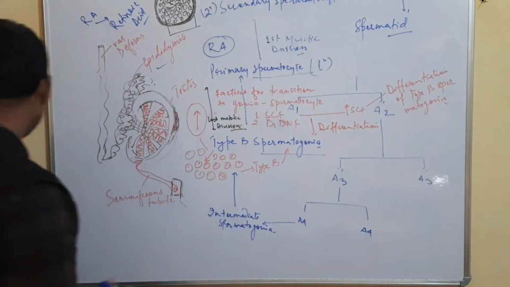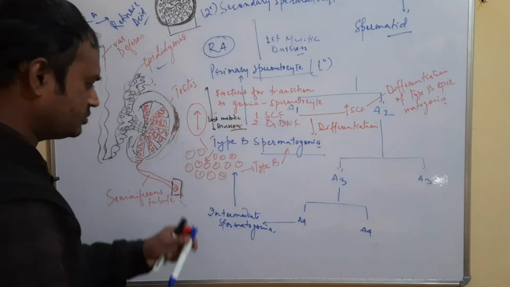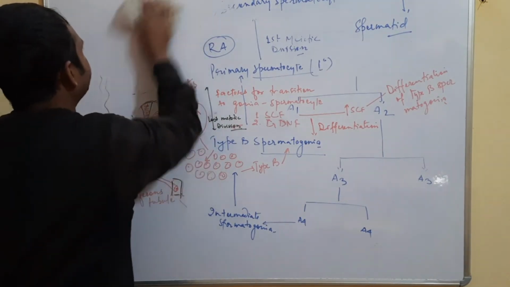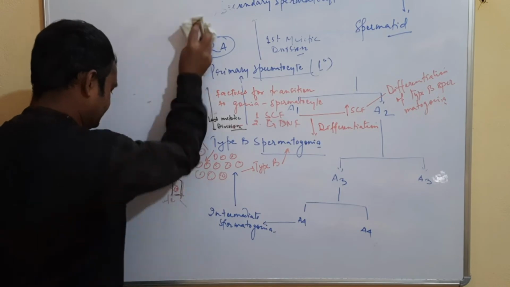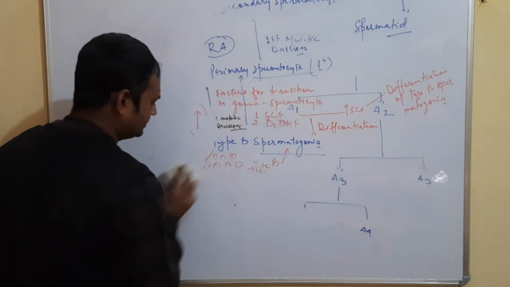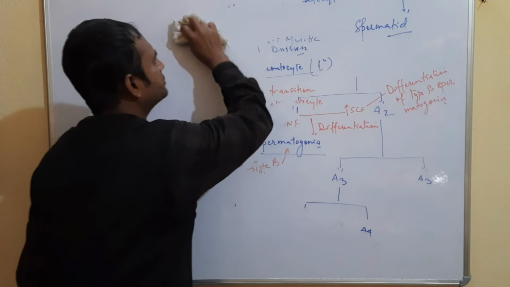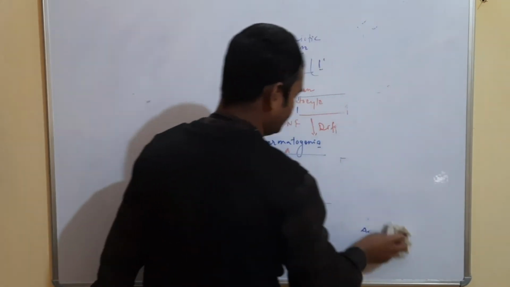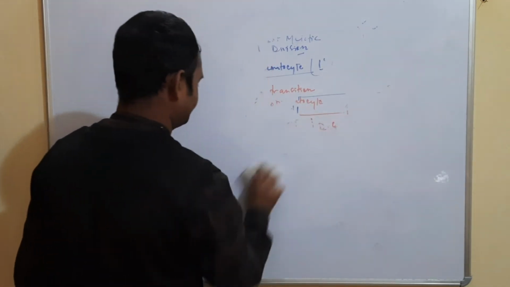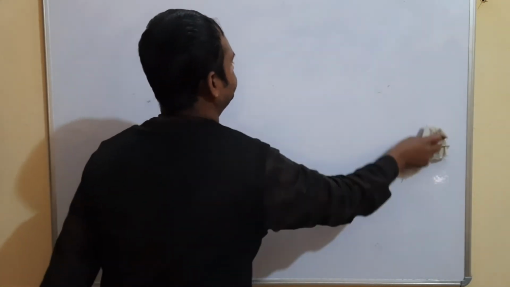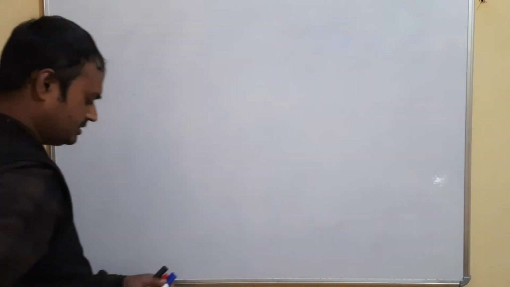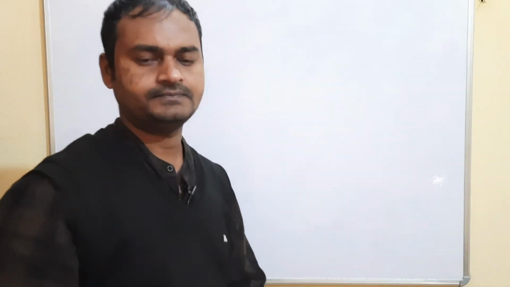So let us completely wipe it. इसको हम लोग पोंछ लेते हैं, साफ कर लेते हैं, and then we will revise, and then after we will proceed to another section after the differentiation or after the formation of the spermatids. So let us understand here.